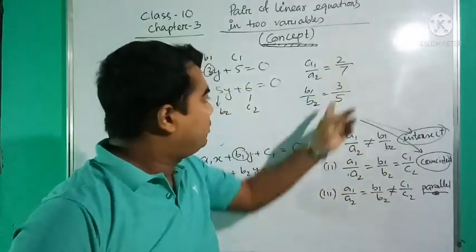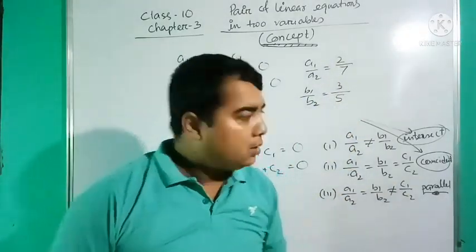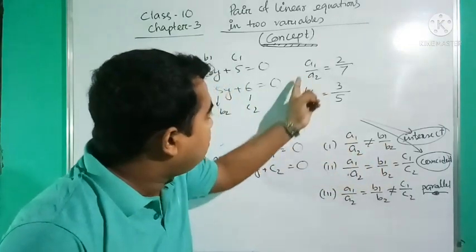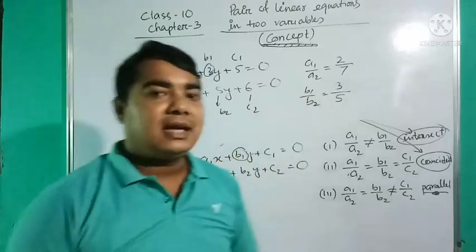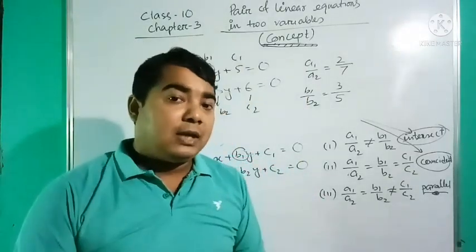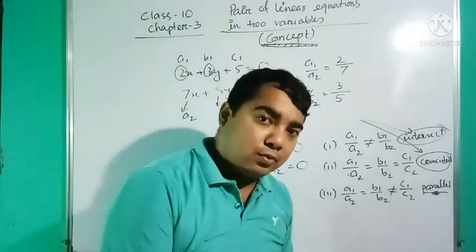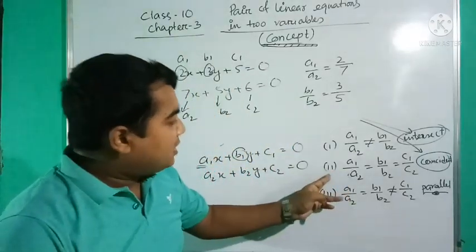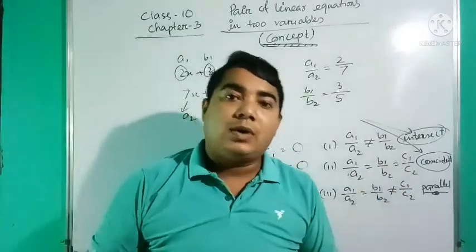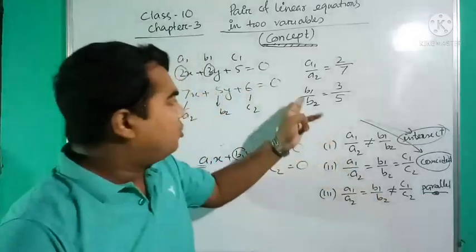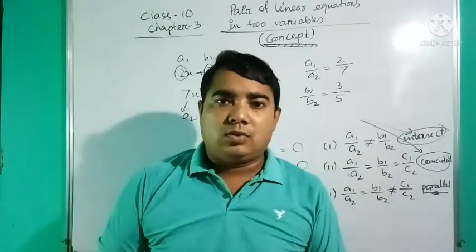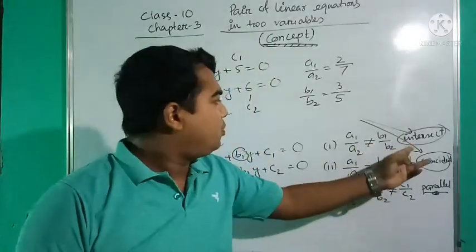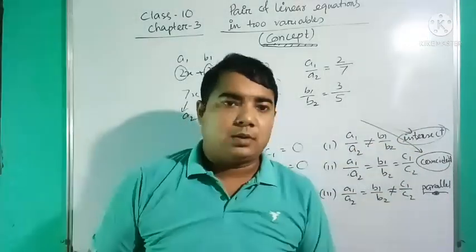No, they are not equal. So a1 by a2 is not equal to b1 by b2. That means both lines intersect at one point. If a1 by a2 is equal to b1 by b2, then check whether c1 by c2 is equal or not. If a1 by a2 is not equal to b1 by b2, then there is no need to check c1 by c2, because there is no option for equal or not.